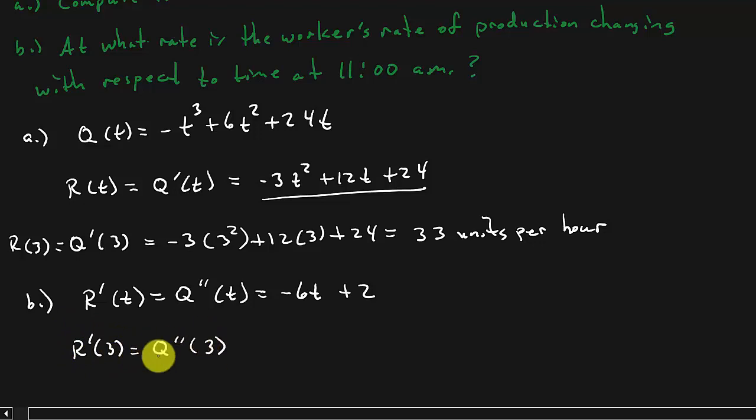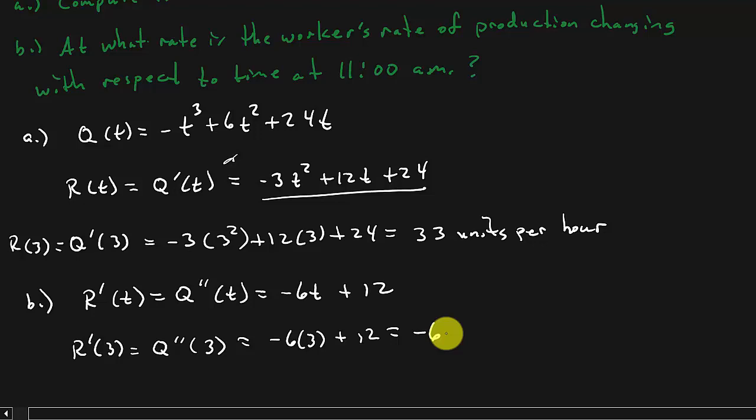I'm just writing this q double prime and q prime here to show you that this is the first derivative, this is the second derivative. And so that would be negative 6 times 3 plus 2, which that is, oh, wait a minute. Oh, I'm sorry. That's not 2. That's 12. That's plus 12t. So that's going to be negative 6.